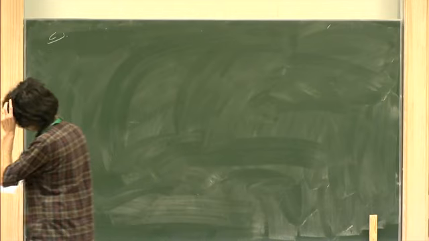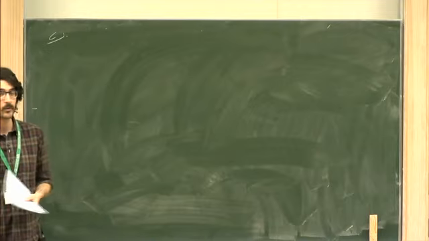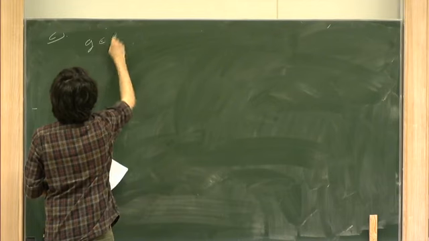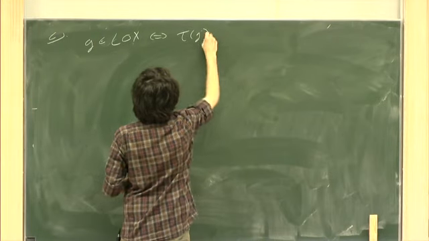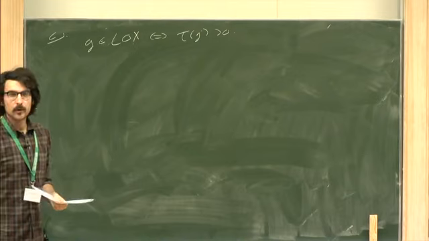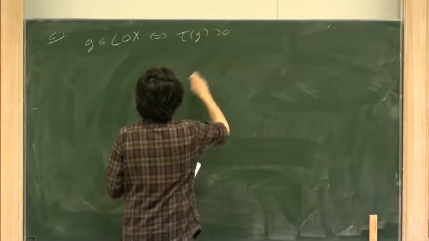So let's recall that I'm interested in when an element is loxodromic. An element G is in Lox if and only if its translation length is positive. So I want an estimate for translation length, and there is one just using some hyperbolic geometry.